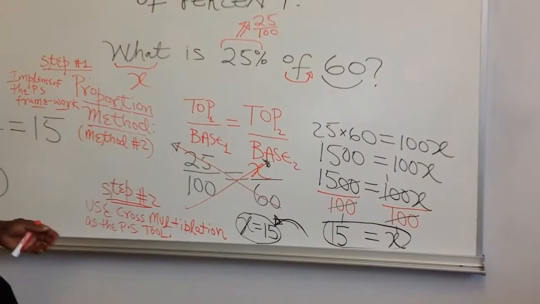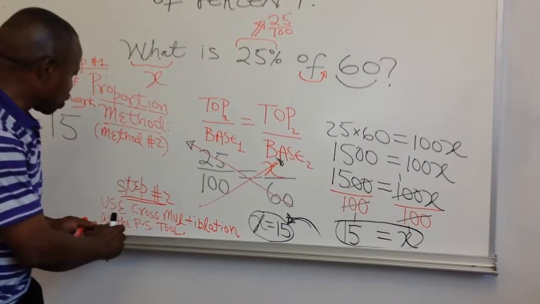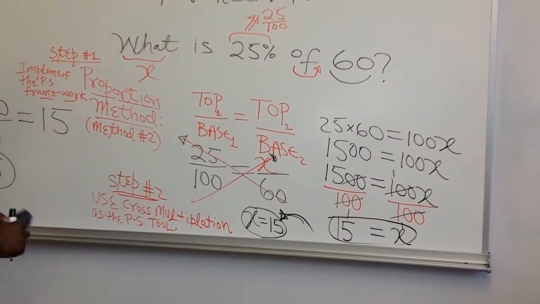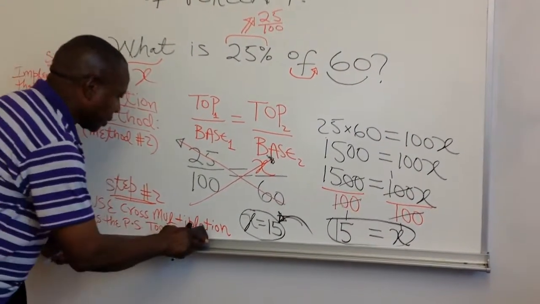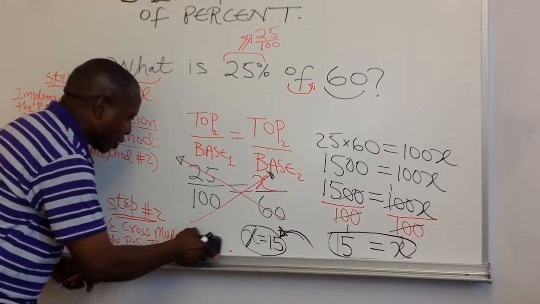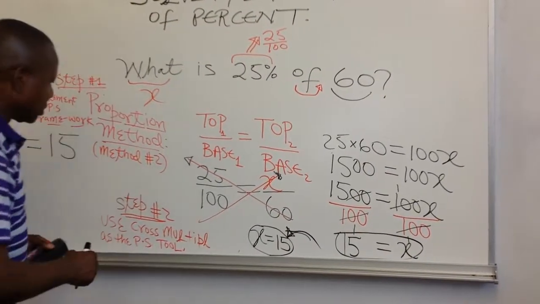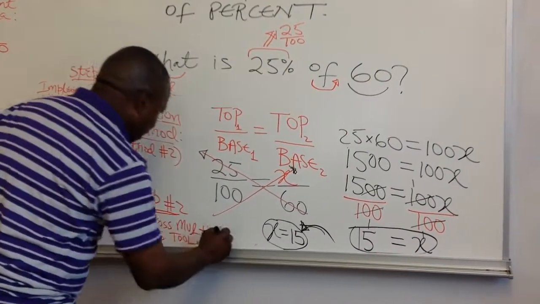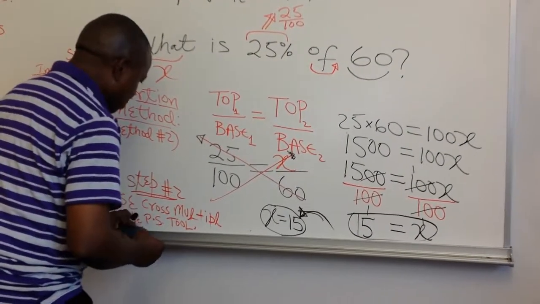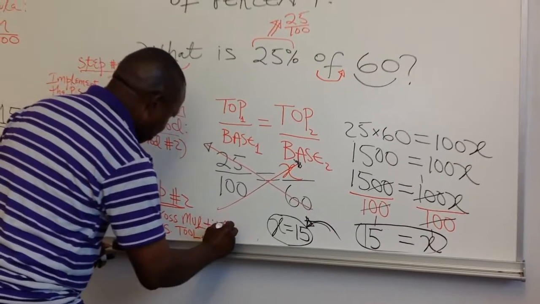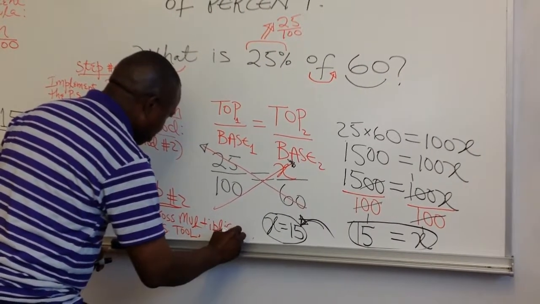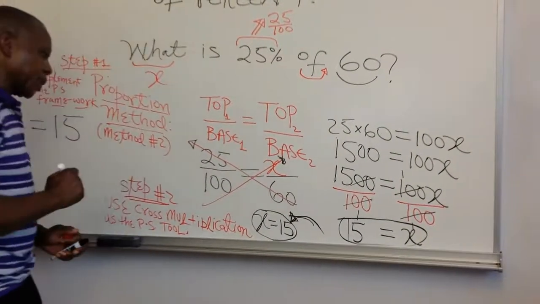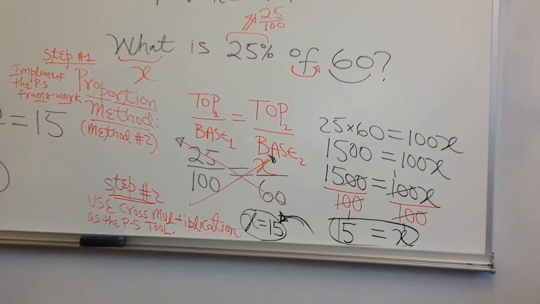And then finally, what did we do? We use cross multiplication. Let's make sure that our spelling is 100% correct in this situation.